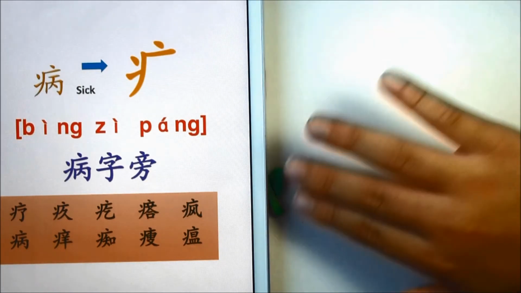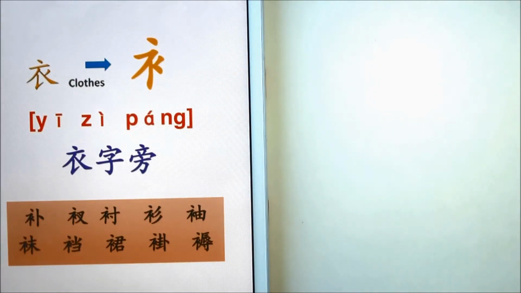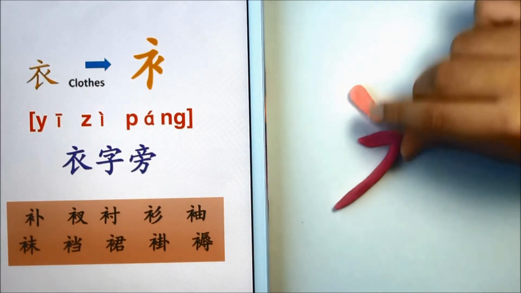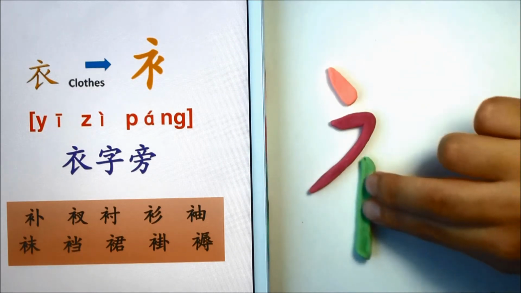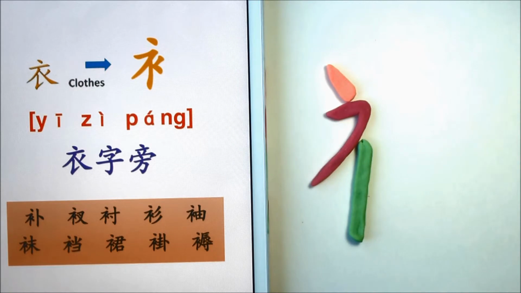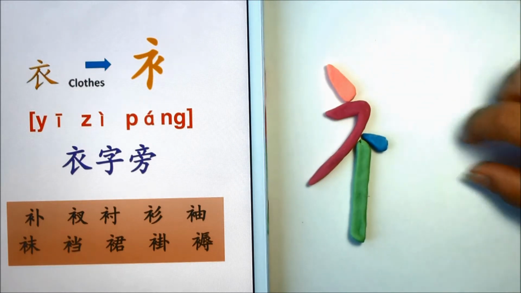For the last radical, we use shi. This is the radical we learned in this lesson.